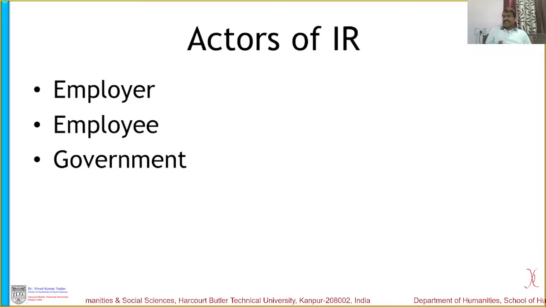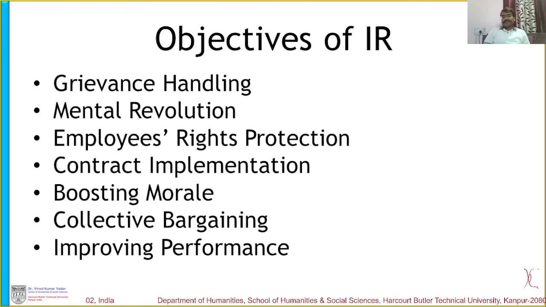Employee means all those people who are given employment in a particular organization. Government, obviously, is the appropriate government. Appropriate government means sometimes your dispute or issue is concerned with the local or state government, and sometimes with the central government. That is why we say the third actor is the appropriate government.